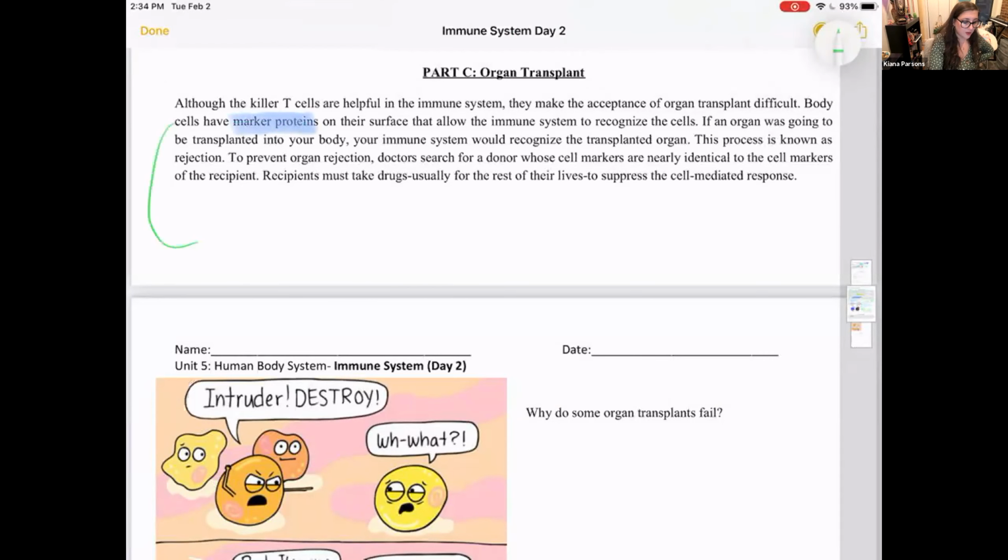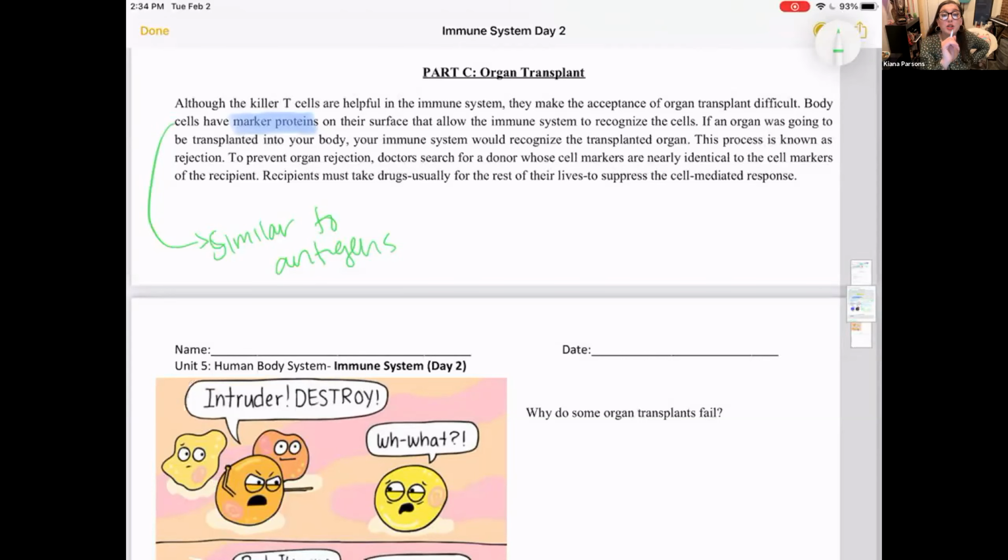So they can be confused for antigens, similar to antigens. That allow the immune system to recognize the cells, right? So we have marker proteins that mark our cells as our own cells. So your body knows this is your own cell, don't attack that cell.